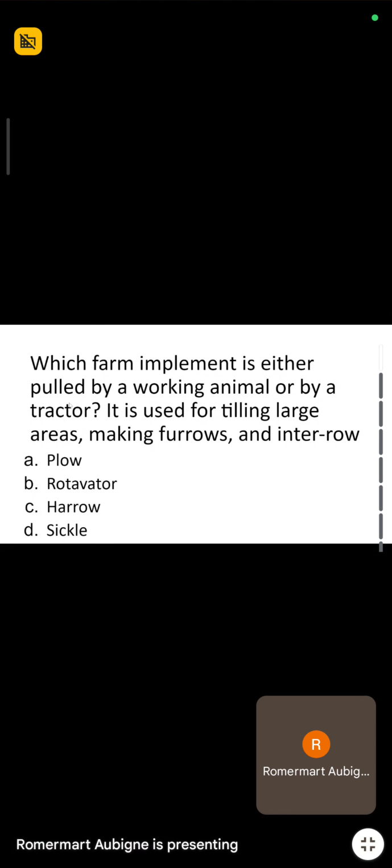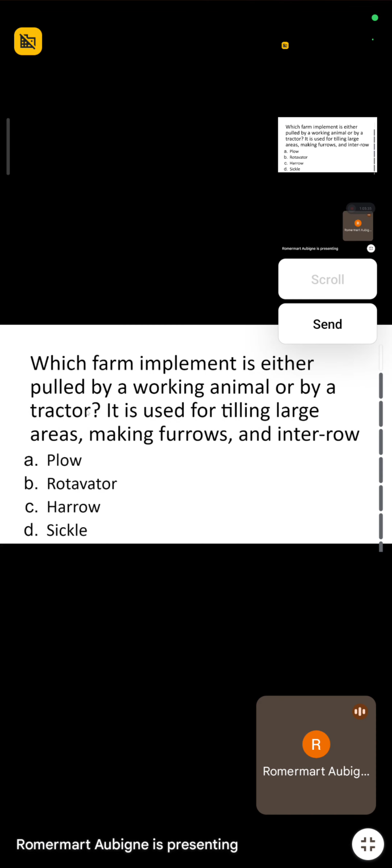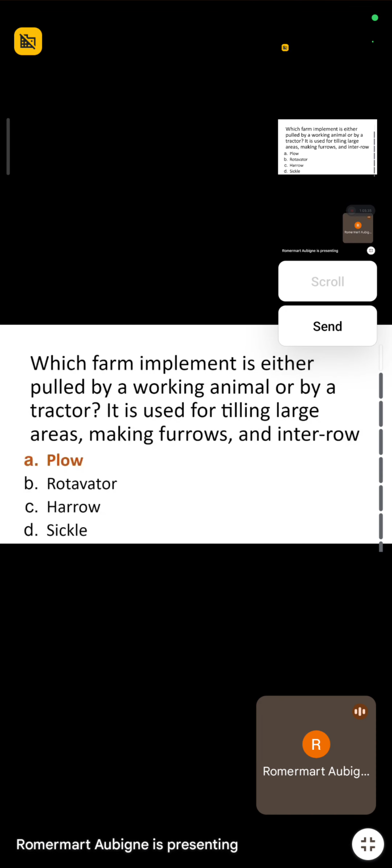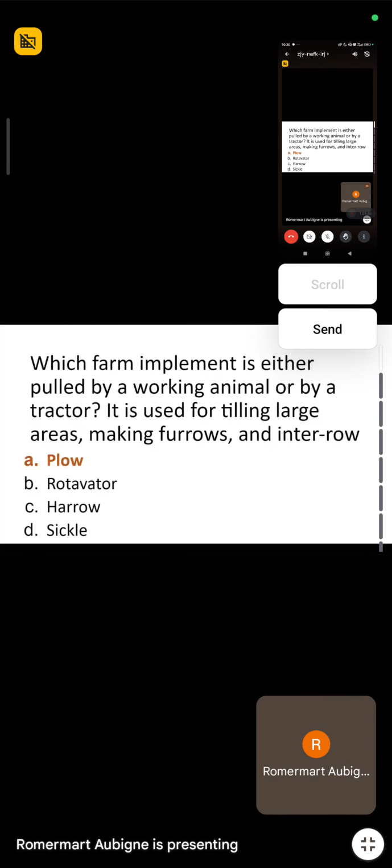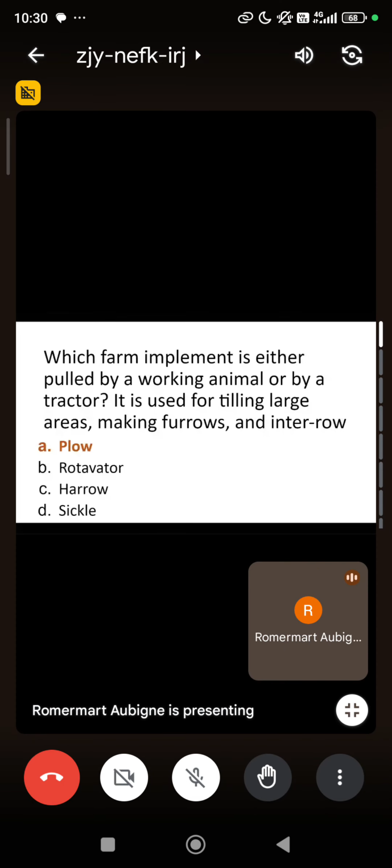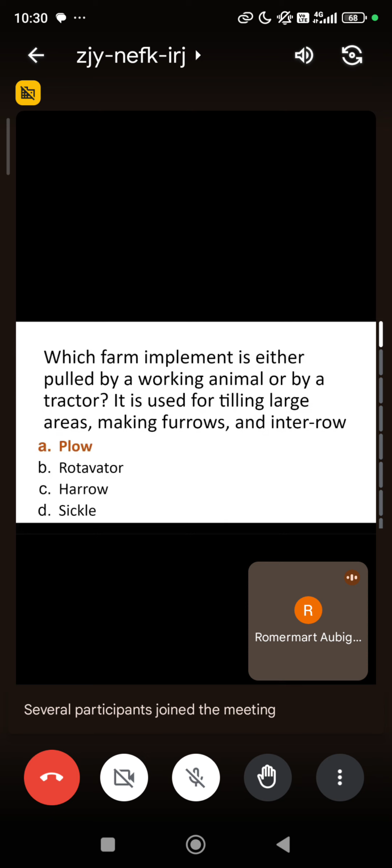Sige po. So the correct answer is, makikita natin dyan, alin lang ba dyan yung farm implements. Then doon natin, pwede natin mabawasan yung mga pamimilian natin.